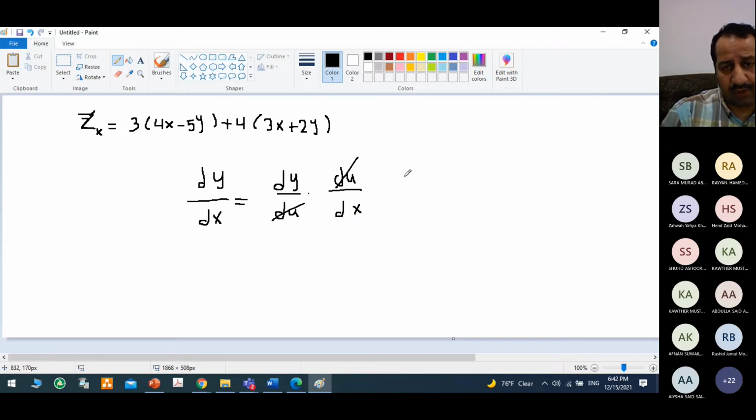It's called differentiation of a function of a function. Inside the function there is another function, which is g of x.